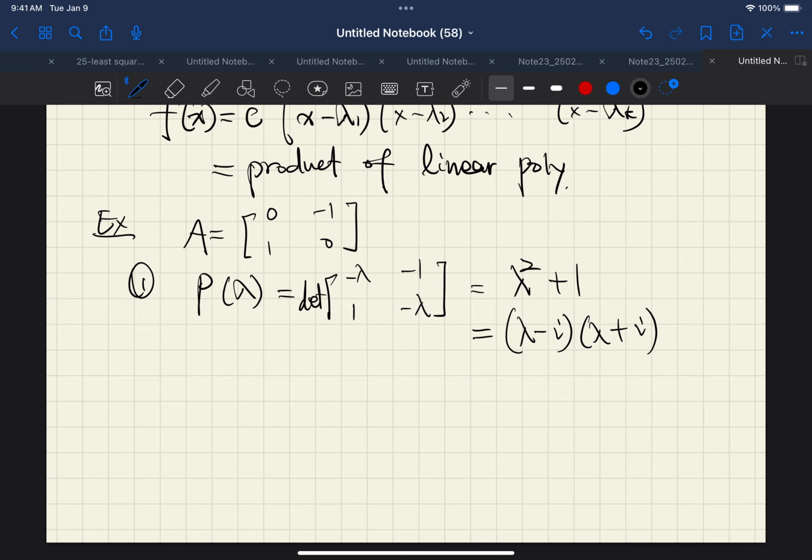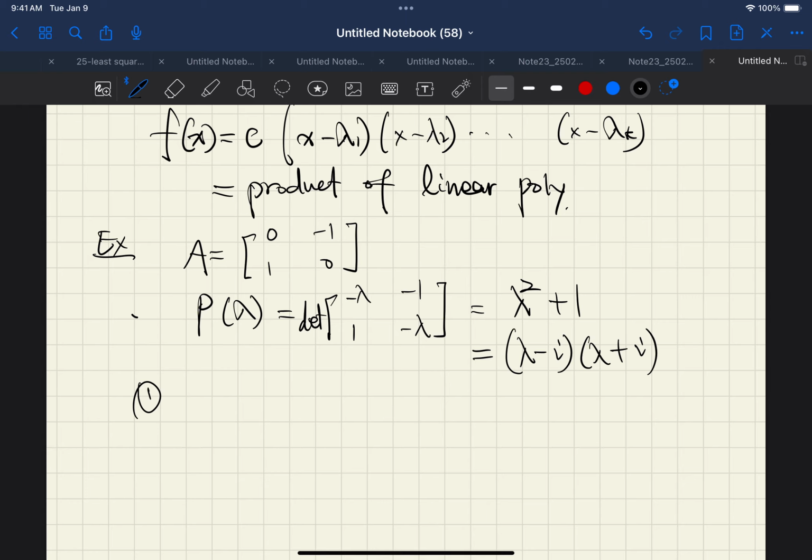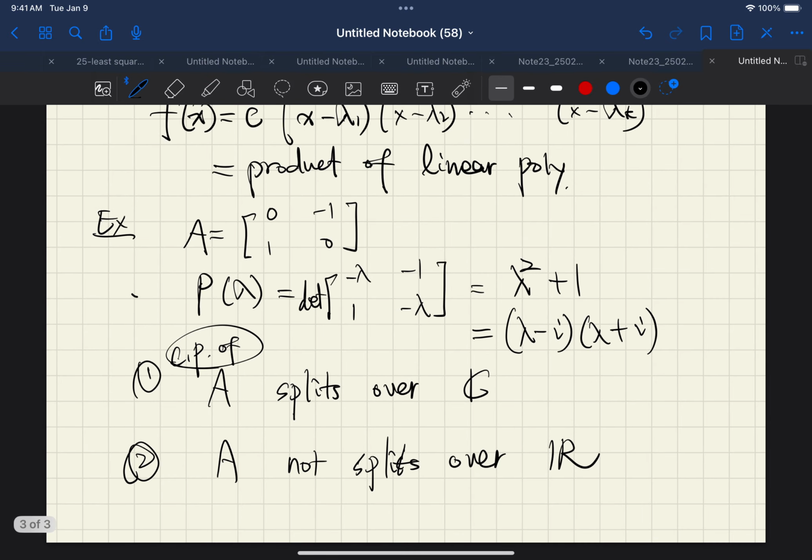So our conclusion for this problem is that the characteristic polynomial of A splits over C, but does not split over R. I didn't write "characteristic polynomial of." To simplify my writing, I omit this phrase, but it should be clear from the context.